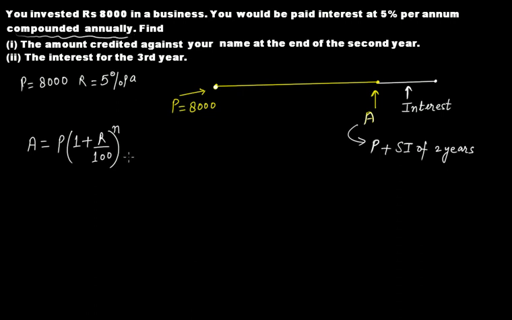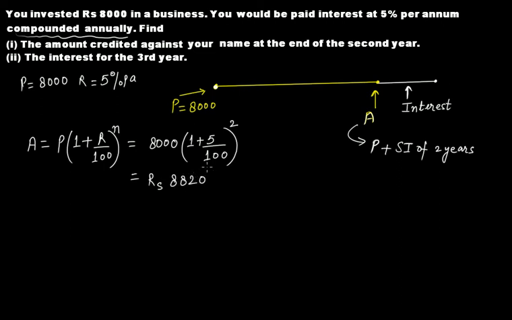So when the interest is compounded annually, the final amount is given by this one. So if you put the values here, the P is what? 8,000, and your R is 5%. Your N is what? 2. Your N is 2.